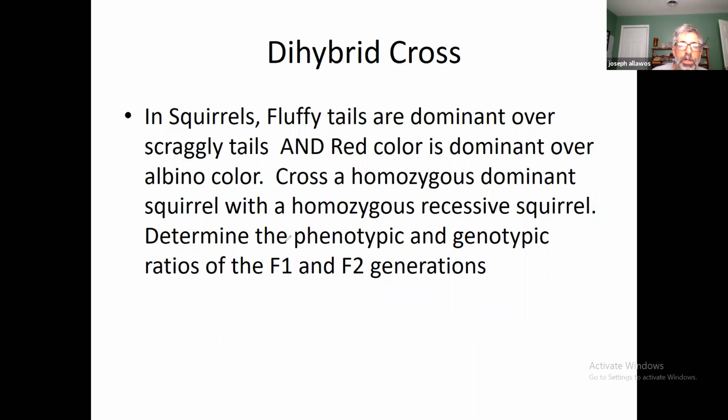It tells you in the problem, cross a homozygous dominant squirrel, and you're going to assume that it's homozygous dominant for both traits, with a homozygous recessive squirrel. Because the traits are not linked together, they don't have anything to do with each other. You can forget about one of the traits while you're dealing with the other.